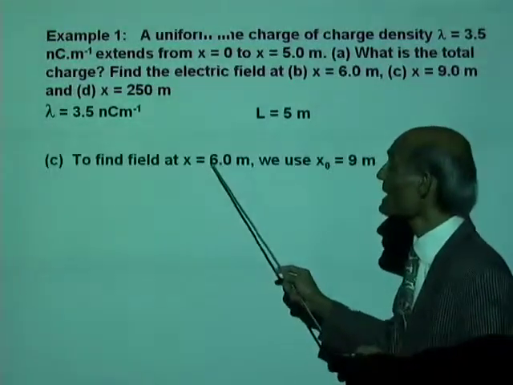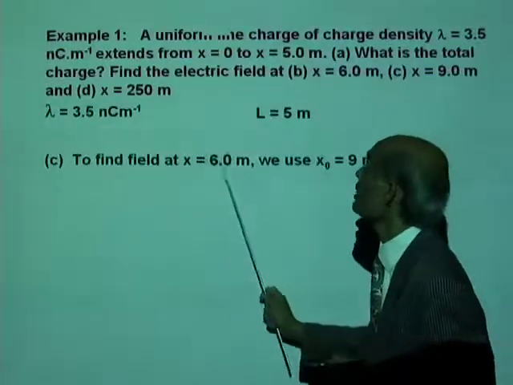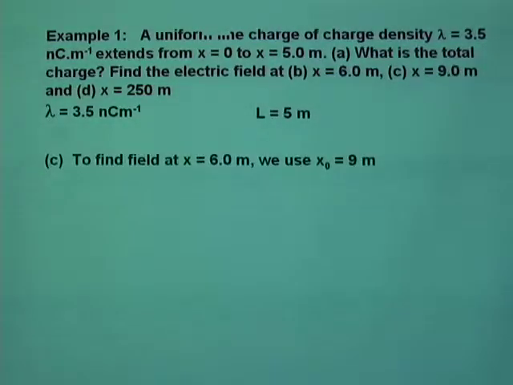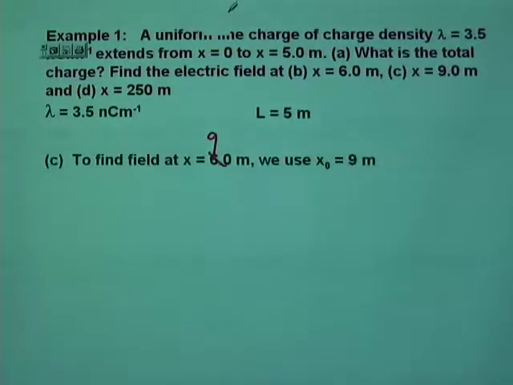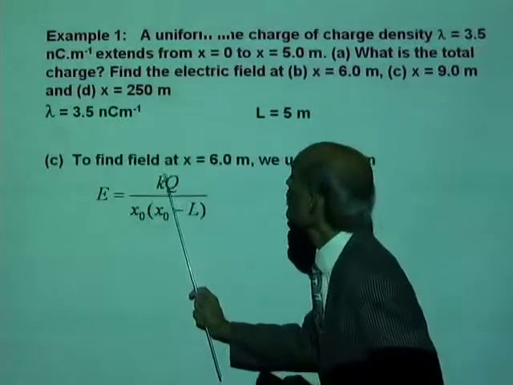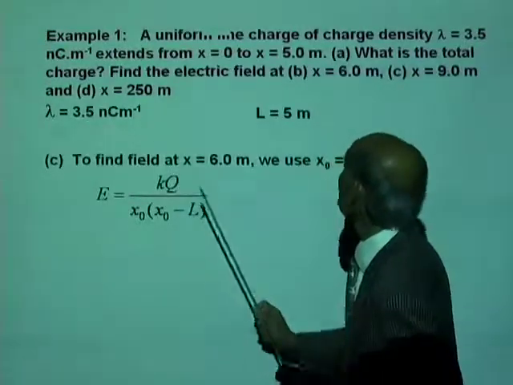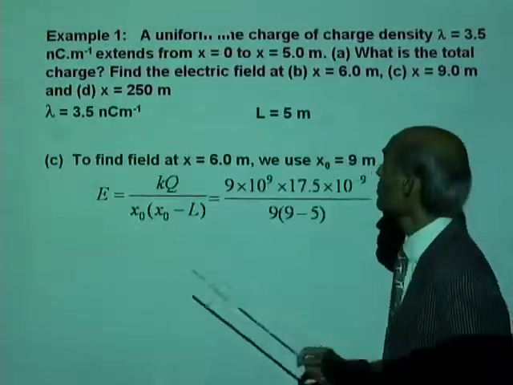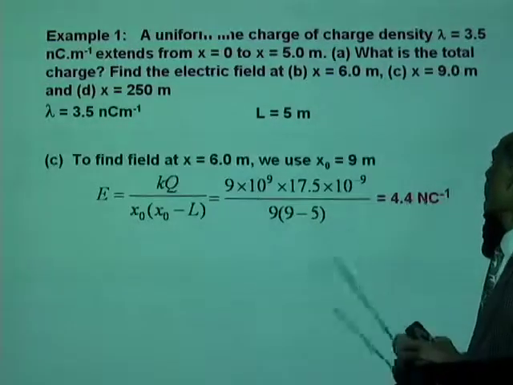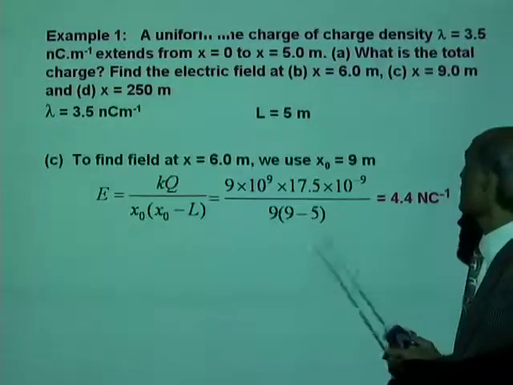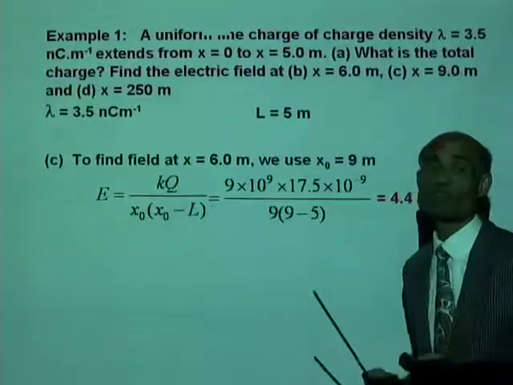So to find the field at x equal to 9 meter, we use x0 equal to 9. The same formula, the only difference is x0 now becomes 9. Replace your k and your q, which we calculated, and x0 is 9. That gives 4.4 Newton per Coulomb, the electric field.